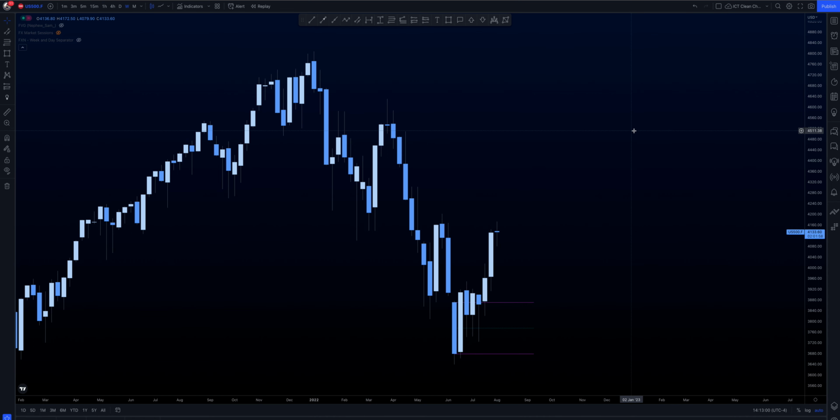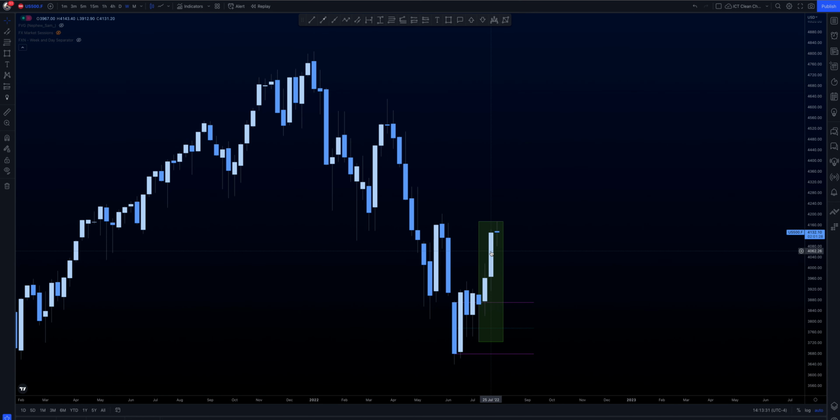What does that actually mean? As you can see here, when the sell side liquidity was taken on this bearish candle, we were due to expect some higher prices, and that was already covered in quite a few of my other videos. But what I wanted to do is analyze these few weeks of price action here, because this is just a nice simple run on the weekly time frame.